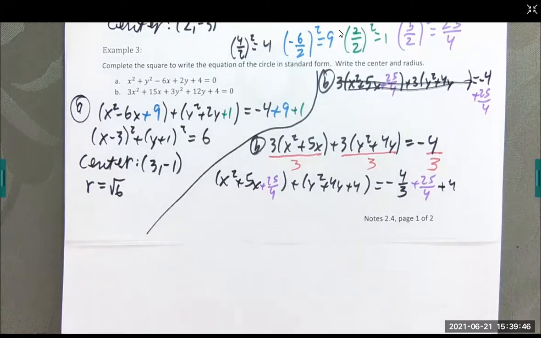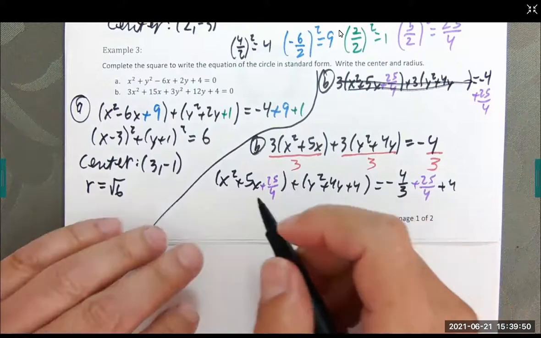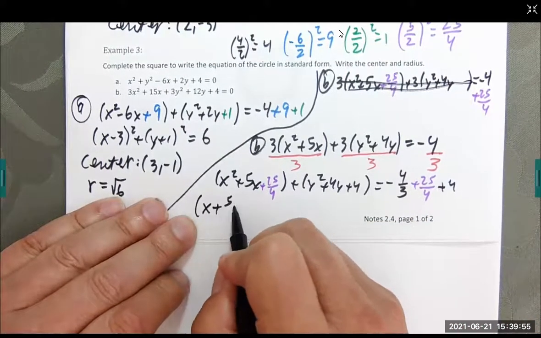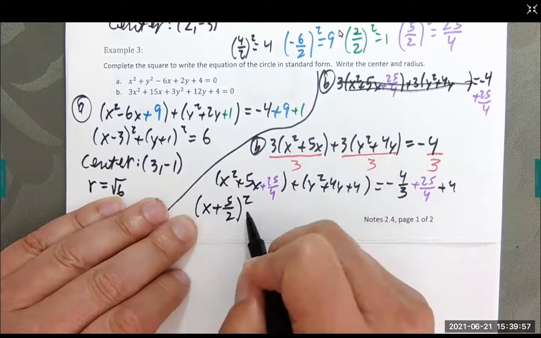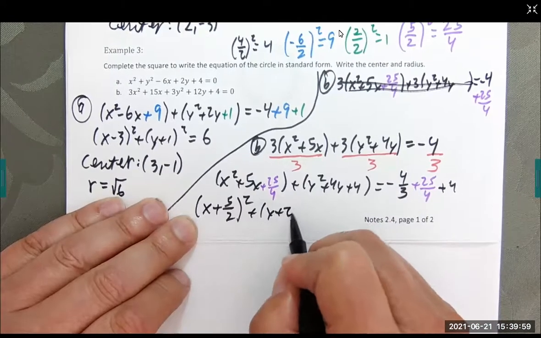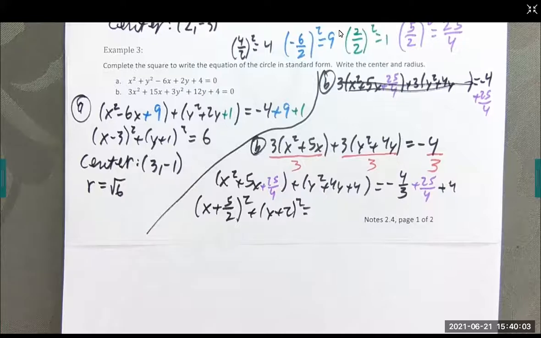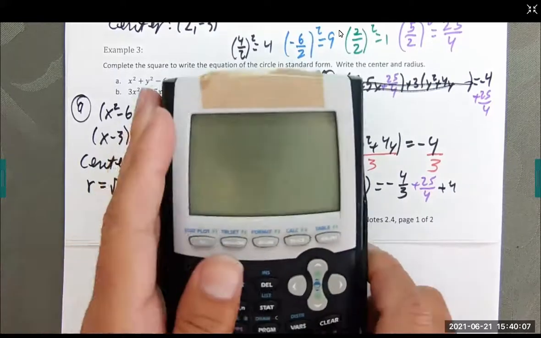All right, so continuing on, this is now x plus 5/2 squared plus y plus 2 squared equals, and I'm going to show you a fancy little trick. If you have a similar calculator to mine, you can do this.